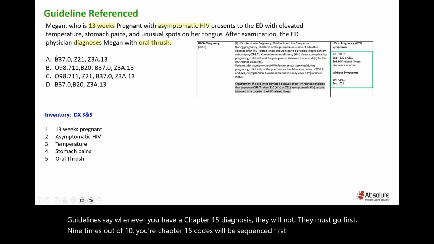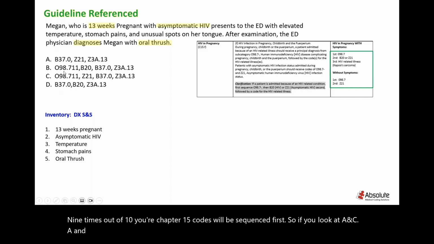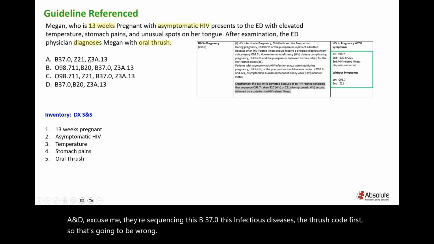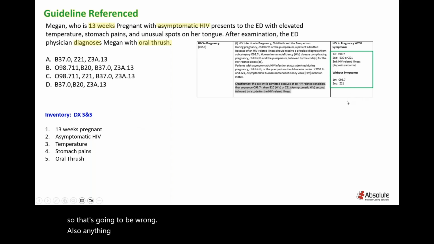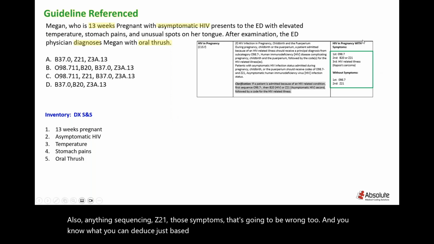So if you look at A and D, excuse me, they're sequencing this B37.0, this infectious disease, the thrush code, first. So that's going to be wrong. Also, anything sequencing Z21, those symptoms, that's going to be wrong too. And you know what? You can deduce just based on these guidelines and the sequencing order that B is our answer.